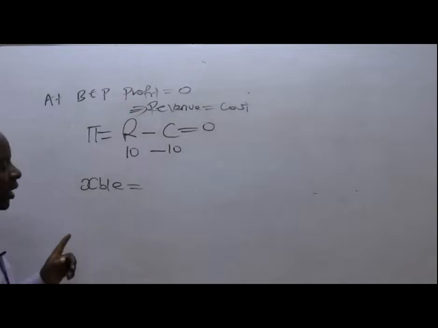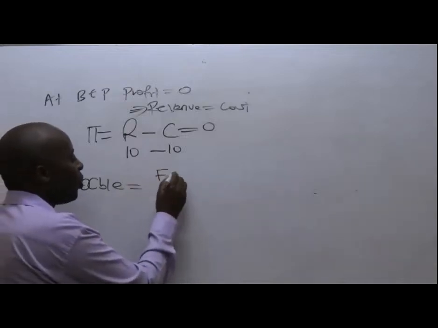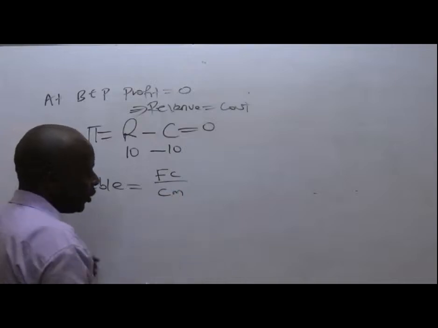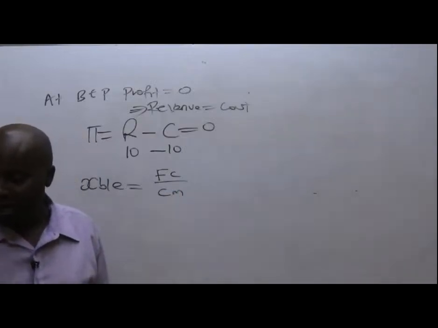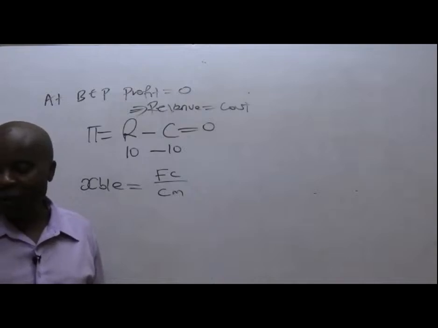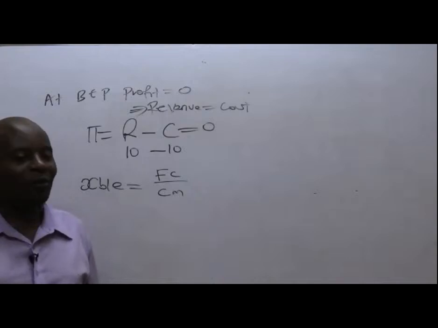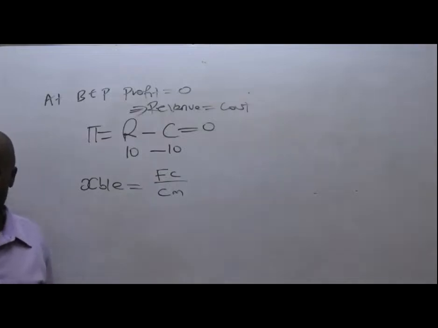X break-even equals fixed cost over contribution margin. This is the formula of getting the quantity that you're going to sell.